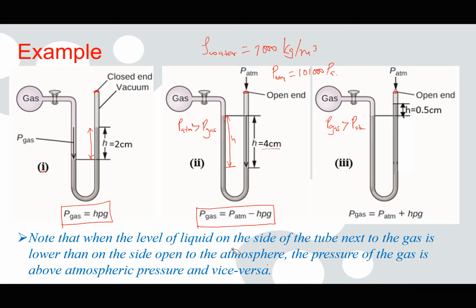When the level of the liquid on the side of the tube next to the gas is lower, it means the pressure of the gas is greater than atmospheric pressure, and vice versa. That is, the reverse is also true.